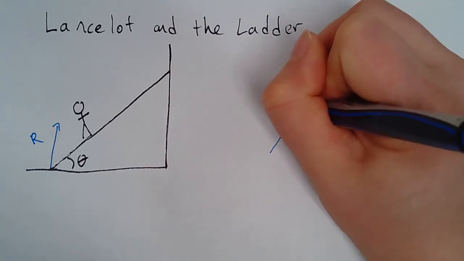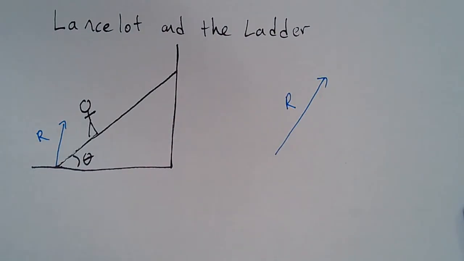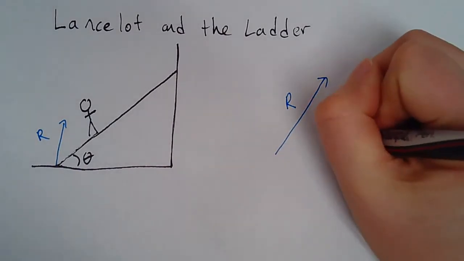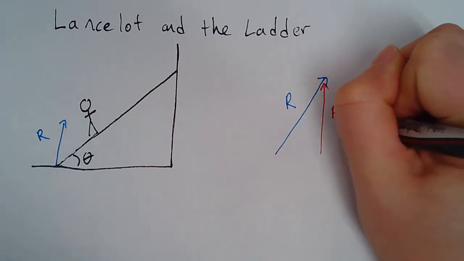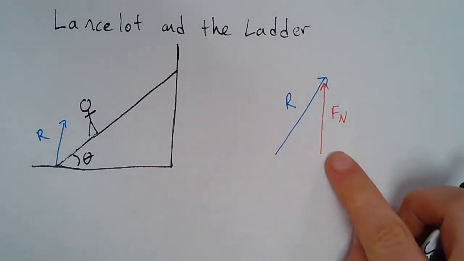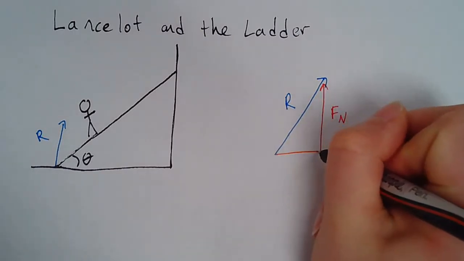So if we take R as your hypotenuse force, well, there are two things that the ground does to support the ladder. The first, we probably all know, is the normal force. And that's going to be the perpendicular component of this R value force. And then the other force is friction.